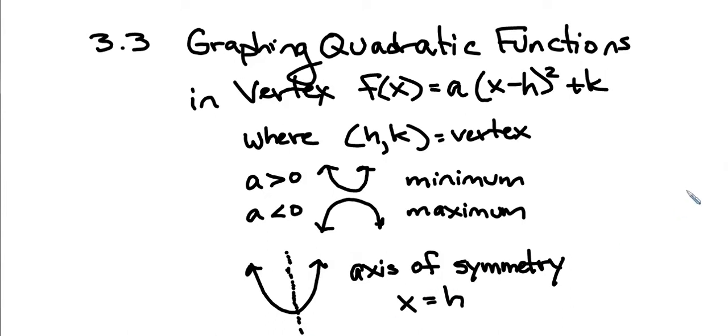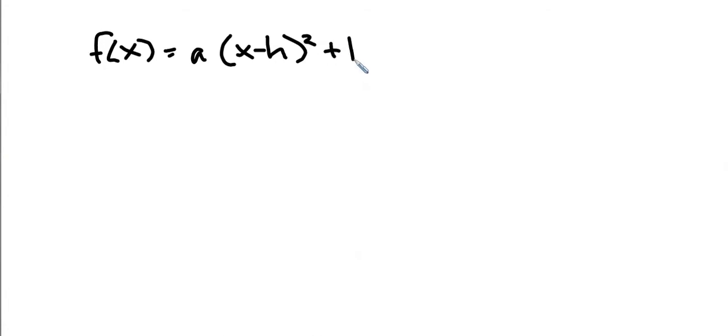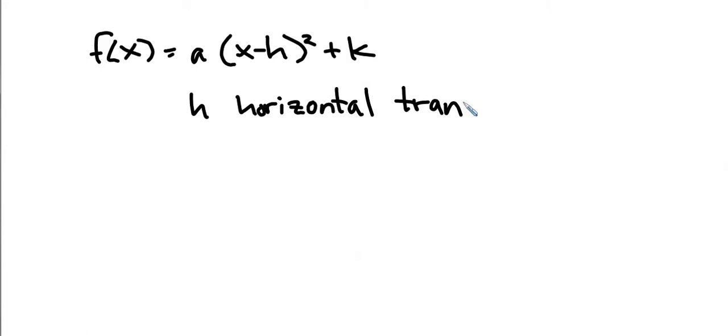Okay, so let's go on. In our vertex form, f of x equals a times x minus h, quantity squared plus k. h represents horizontal movement or translation, whether you're moving left or right from the basic quadratic.